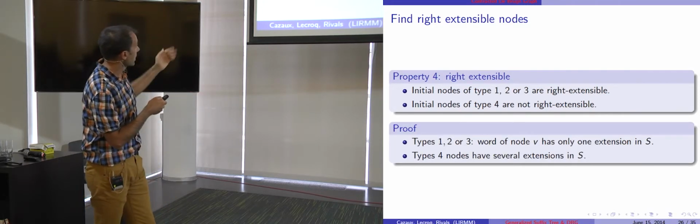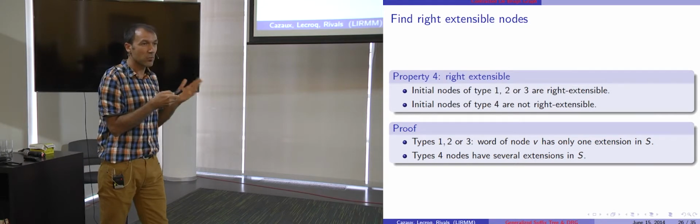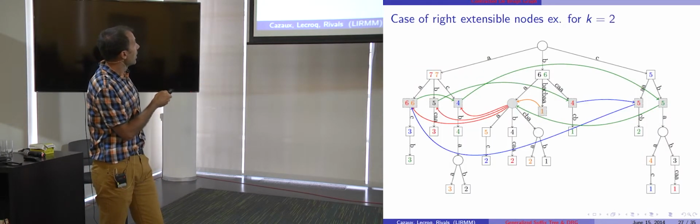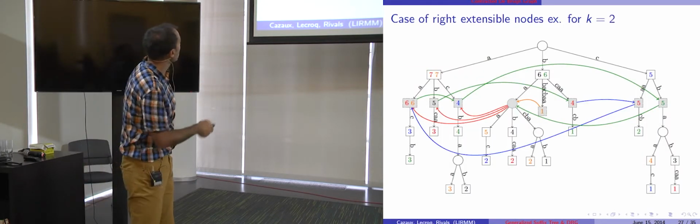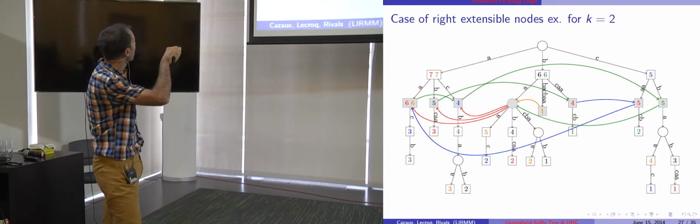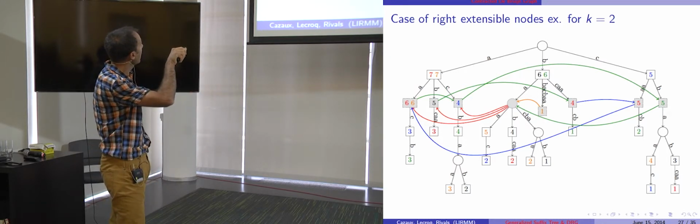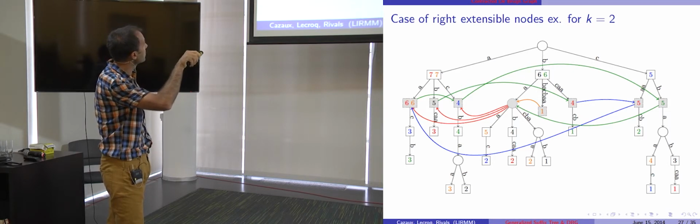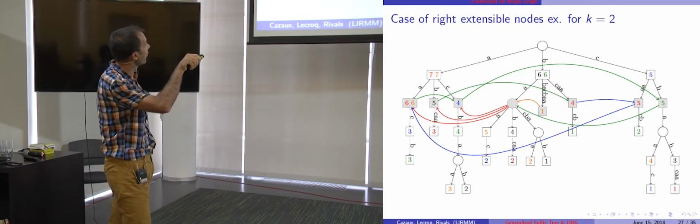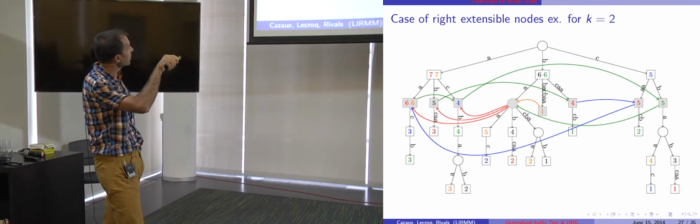Okay, that's the explanation. I think this is quite easy to follow. Now an example. Here you have this node, okay? You have this branch, and therefore you ask whether 4 is right extensible.